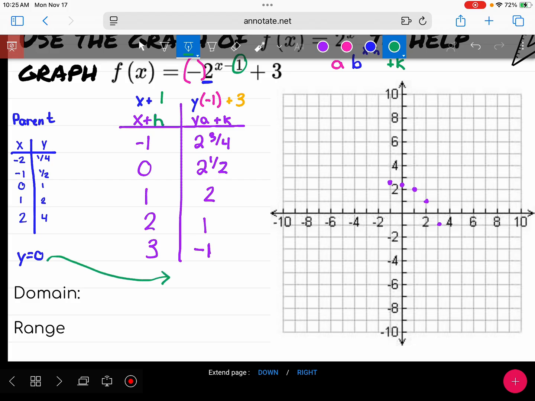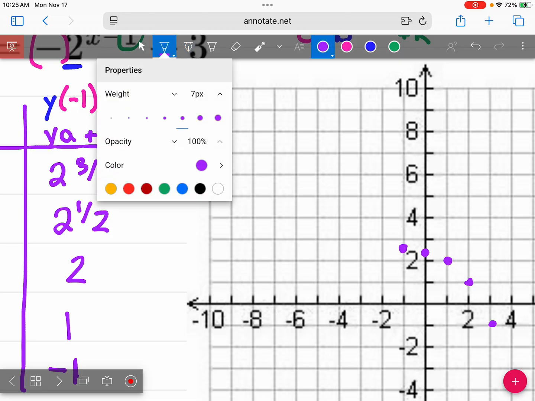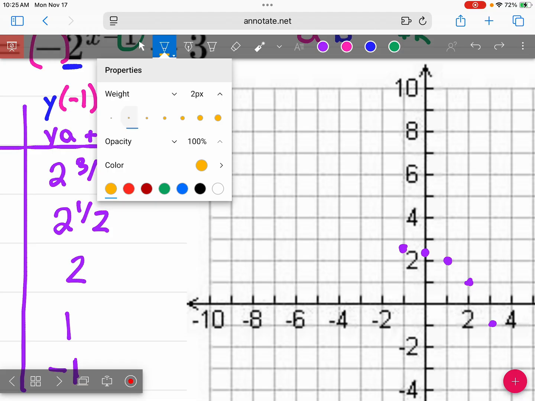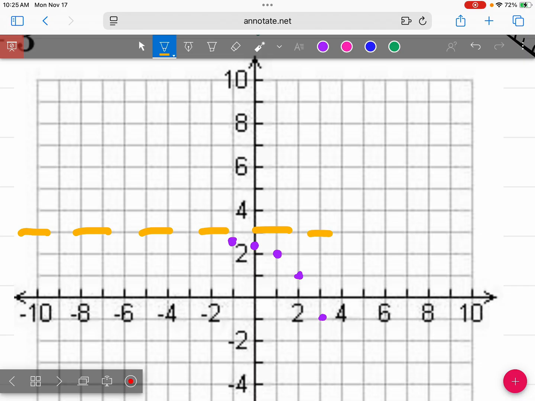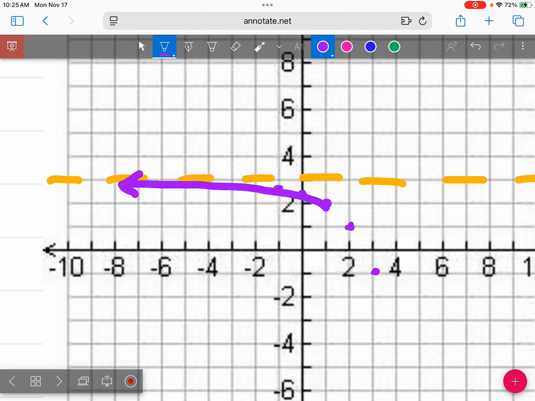Plug it through the y's. 0 times negative 1 and then plus 3. Our asymptote's happening at 3, wherever that k is. So our asymptote is happening, ooh, that's too chunky. Our asymptote's right here. So our sketch or our graph is going to look like this.